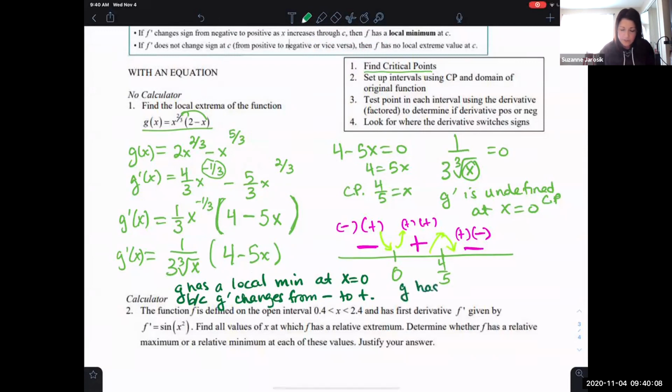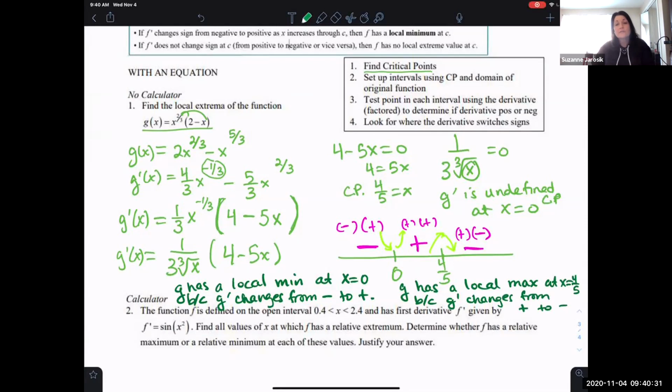And then we can say G has a local max at x equals 4/5 because G prime changes from positive to negative. And it is not enough to say changes signs. That is not specific enough. How do you know you have the max? You have the max because you're going from positive to negative. How do you know you would have the min? Because you're going from negative to positive.